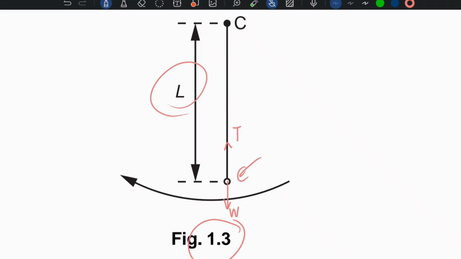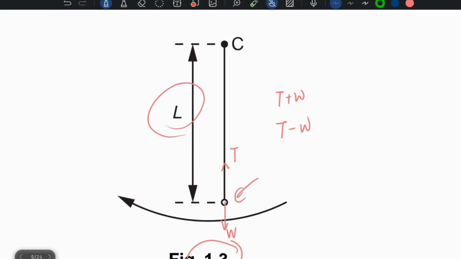So the next question to ask is: is it tension plus weight, or tension minus weight? Let's look at our net force. We know that this mass is moving in a vertical circle. Therefore, the net force is acting towards the center of the circle. In other words, your centripetal force is acting towards the center.